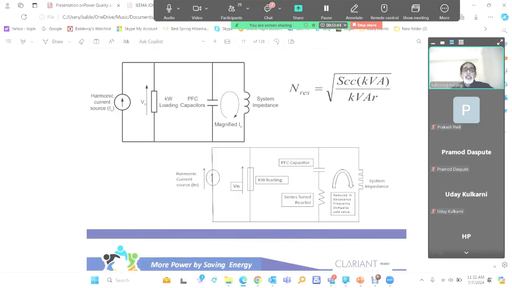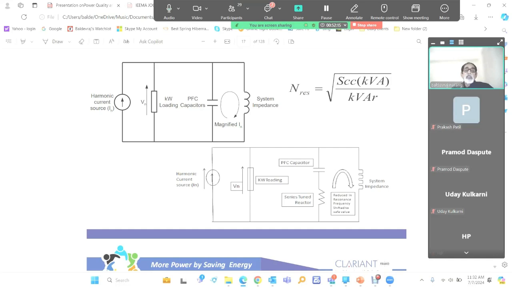And there is another problem. It is not only that the harmonics generated by the loads flow into the system. There is another phenomenon, because the capacitor and system impedance are in parallel, so at some frequency they cause resonance. If this frequency of resonance is a harmonic frequency, suppose the resonance occurs at 350 Hz or 250 Hz, at the fifth harmonic or seventh harmonic, that harmonic gets amplified.